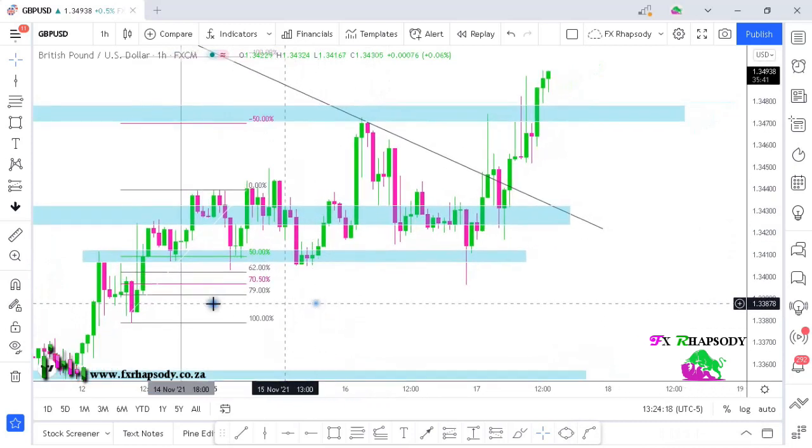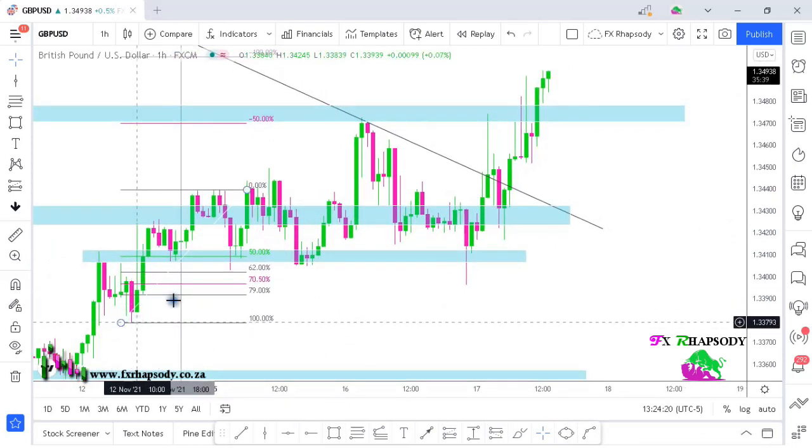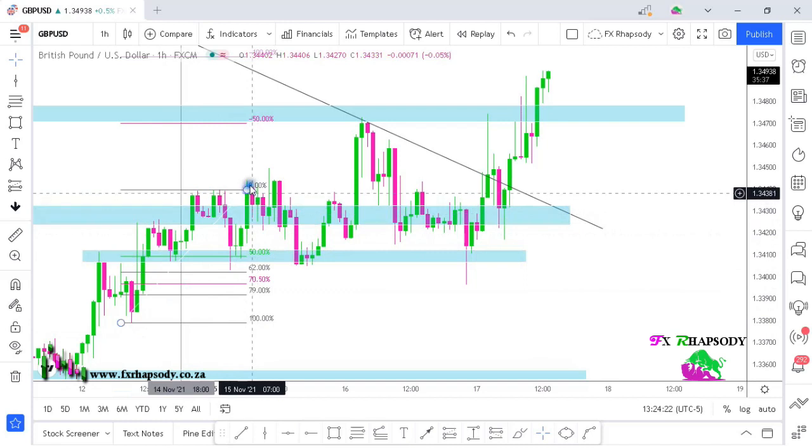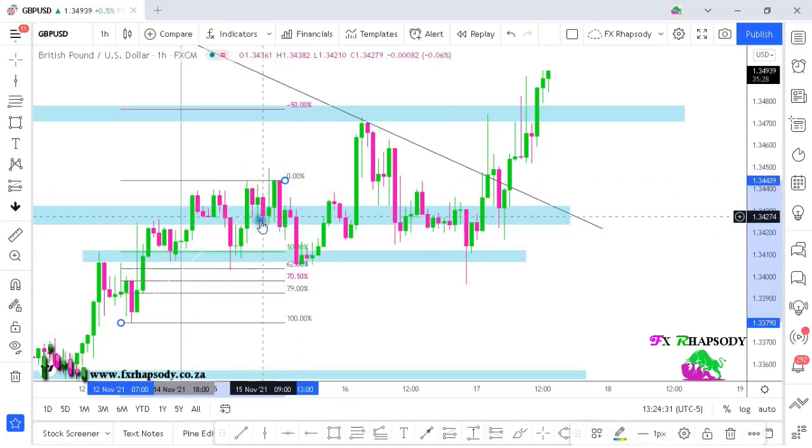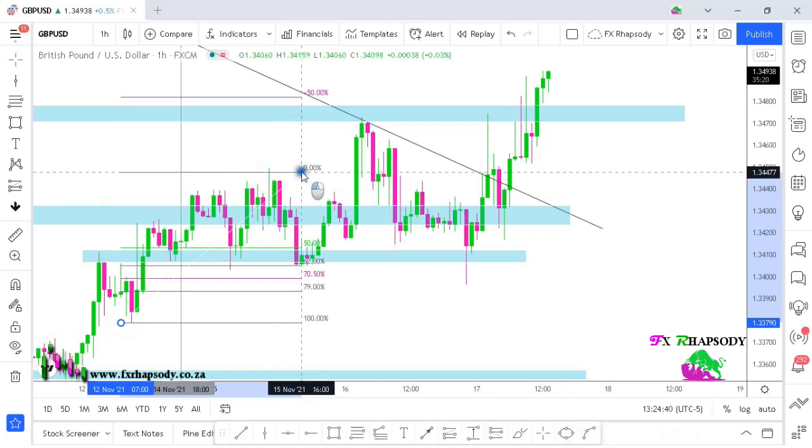What I do is I leave my Fibonacci here and wait until price comes down again. Price moves up, so this will be my next high. Price moves down, comes up, doesn't get close to that, and then all of a sudden it makes this huge spike candle going up. So that will be my next high.